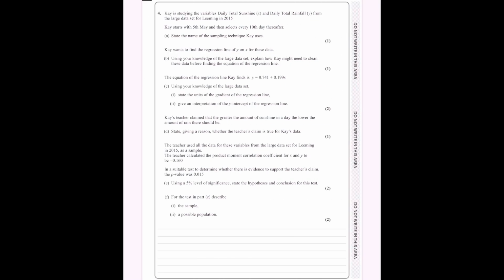Okay, the large data set question. A, that's systematic sampling. For B, it may be that rainfall may contain the total rainfall entries, so she may need to clean those first, just to check.